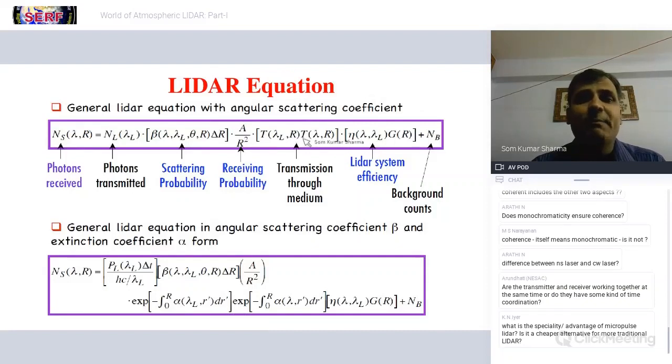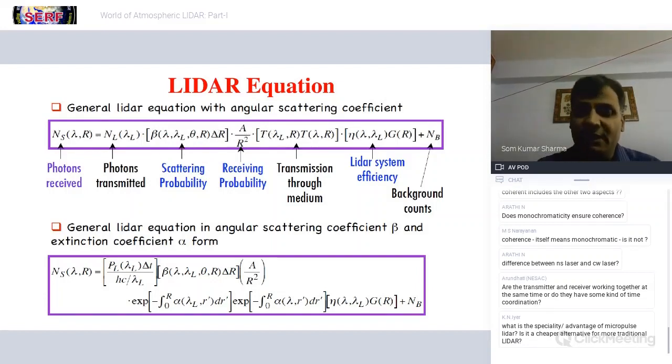For a given system and for a given place, many things become constant, like the transmittance, the fixed telescope area, you can say the aperture of the telescope, and laser power. All these things become almost constant except the noise and the scattering probability from the atmosphere.